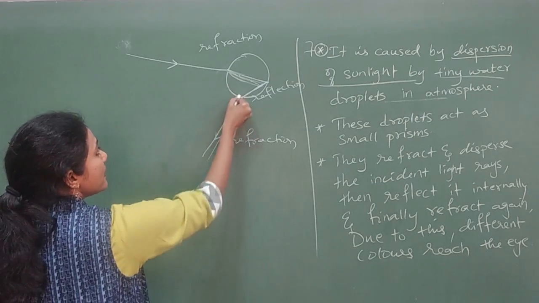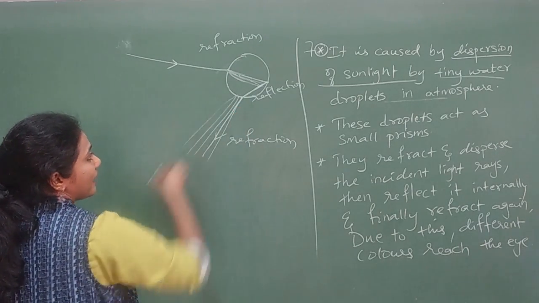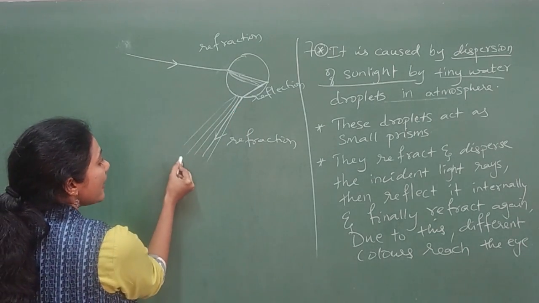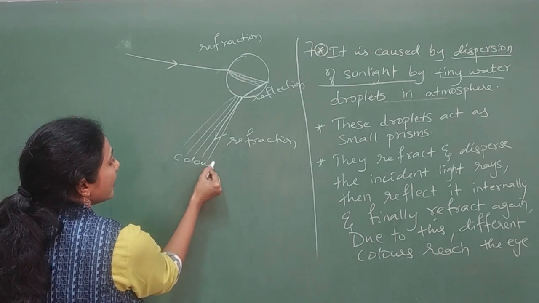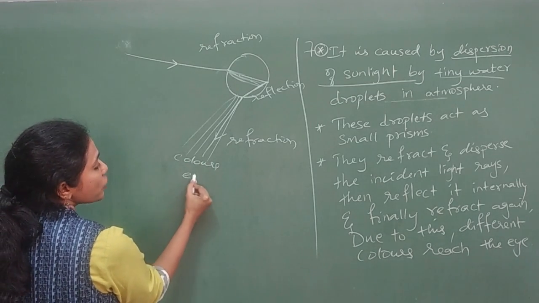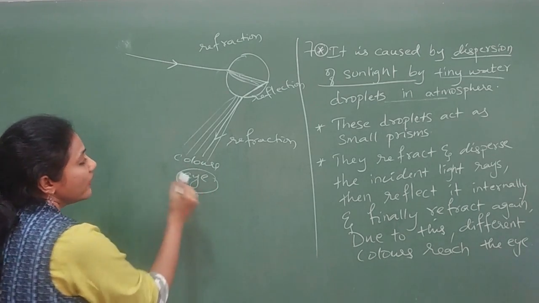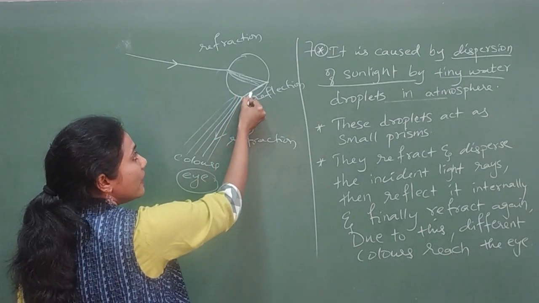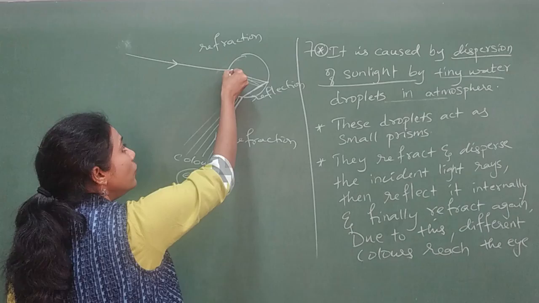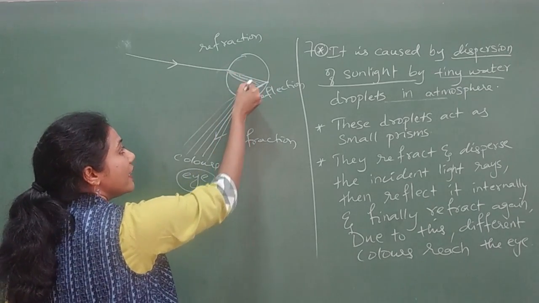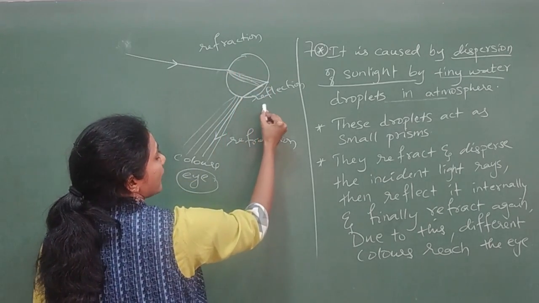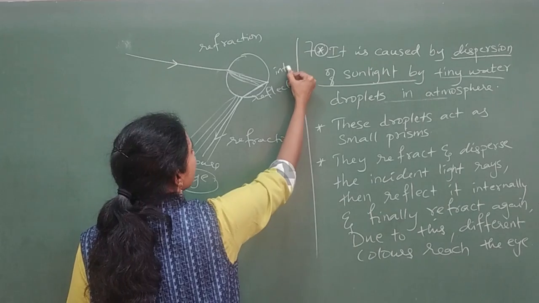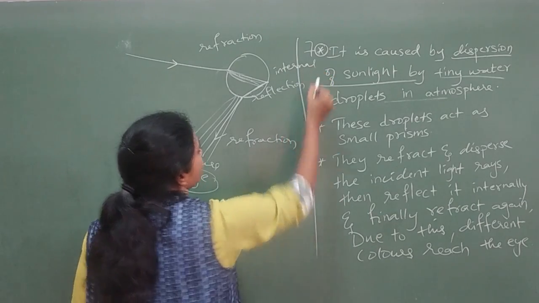The dispersed light will refract, isn't it? And these different colors actually reach our eye. It will appear as a rainbow, okay? And internally, within the droplet, the light is getting reflected. This is called internal reflection.